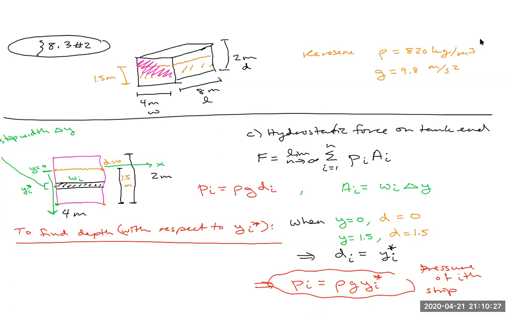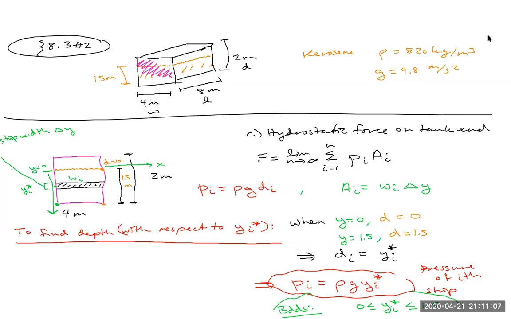And then let me also make one more mention. When we're talking about the bounds for our integral, you're looking at the y stuff here, because remember, that's where you put your coordinate system, right? So for y, the bounds, you have 0 to 1.5. And that covers what y_i star is between. Okay.